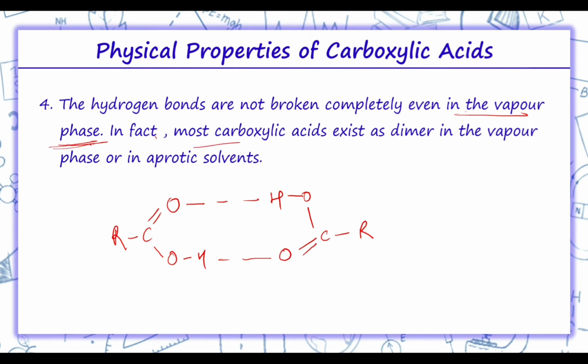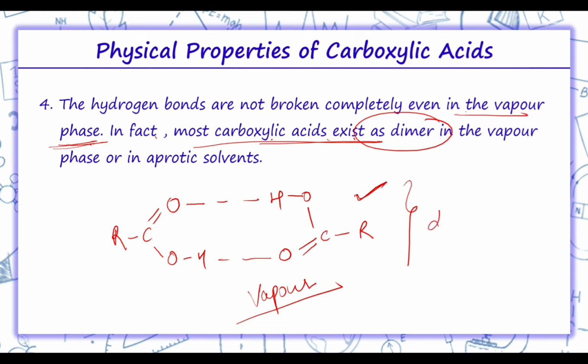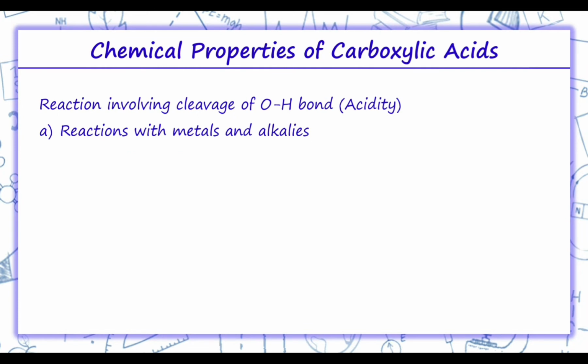In fact, monocarboxylic acid exists as a dimer in the vapor phase or in aprotic solvents.